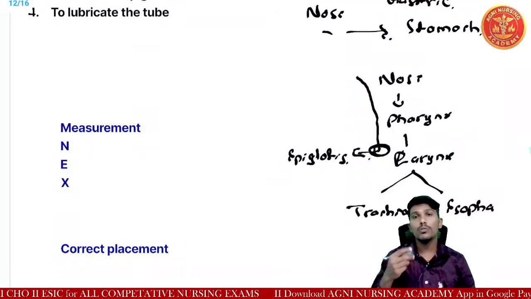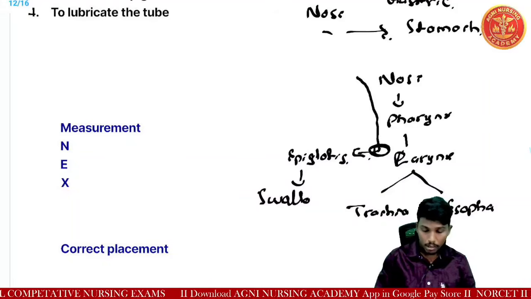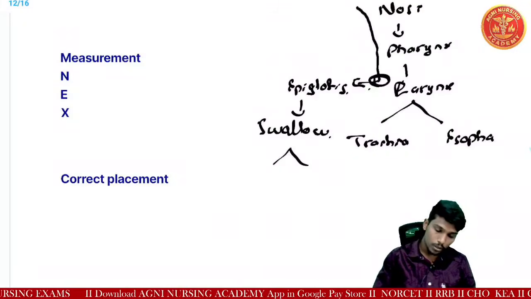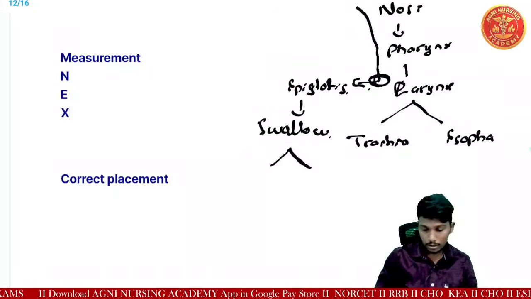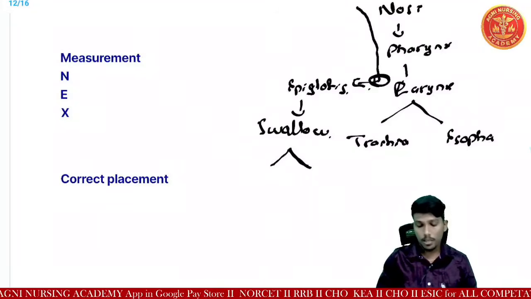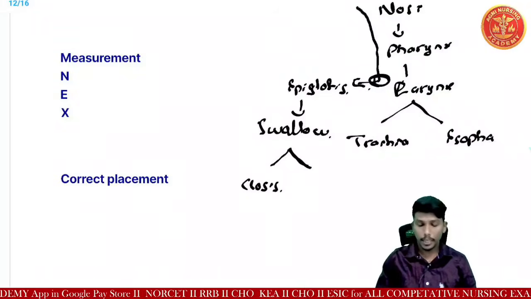Now she told the patient to sip, which means swallow the water. This swallow will help to close the epiglottis. By closing the epiglottis, it prevents the tube from entering the trachea.